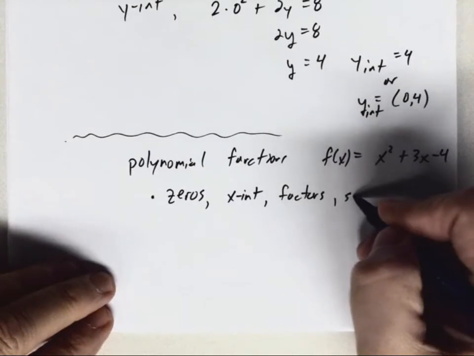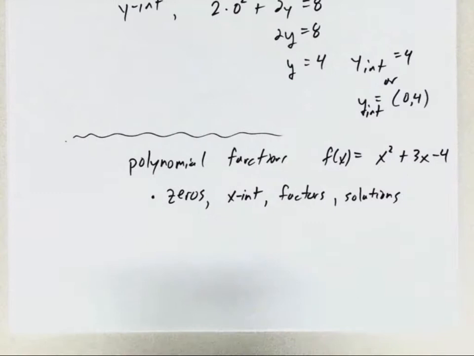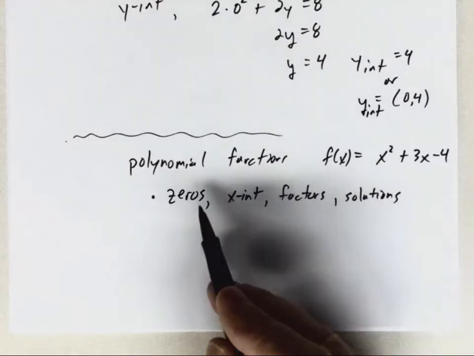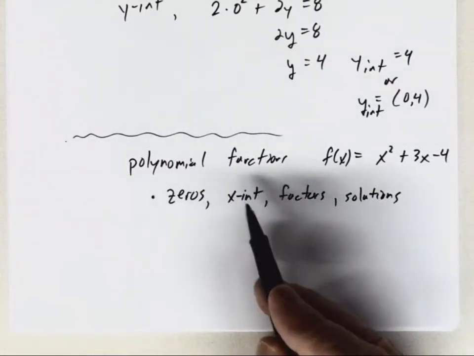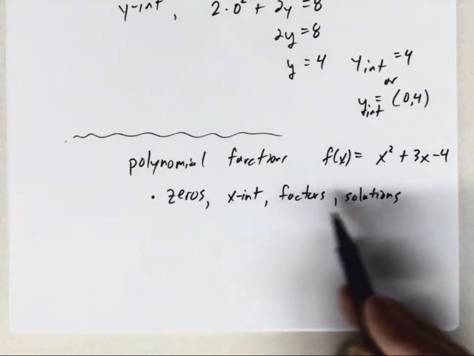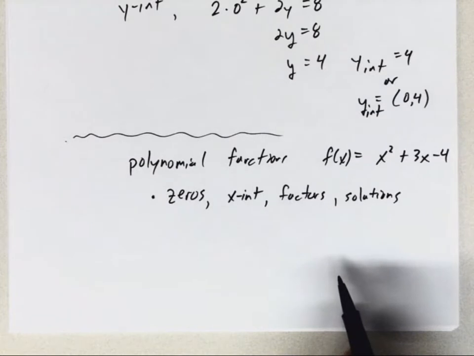And then one more concept which we can talk about, the solutions to this equation. Here are 4 different things, but you're going to see in a minute, even though there's 4 different words, different sort of things we're looking for, they're all pretty much the same thing. It's just a different twist on the same idea.